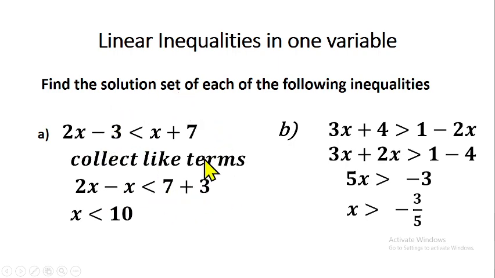This minus becomes plus, and this x becomes minus x. So what is 2x minus x? That should give us x, less than 7 plus 3, which is 10. So the solution to this inequality is x is less than 10.